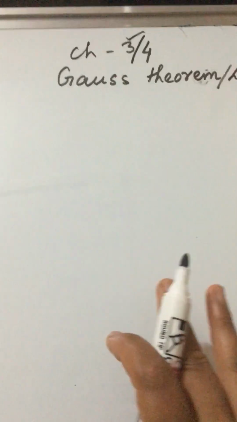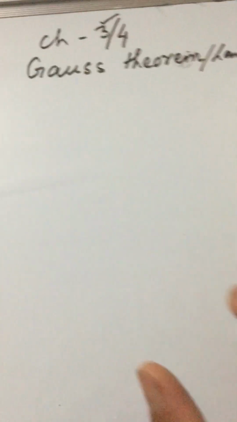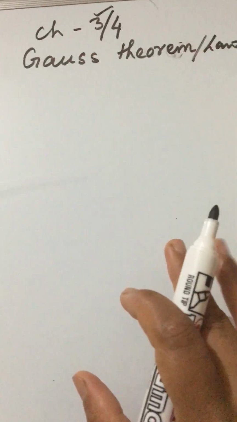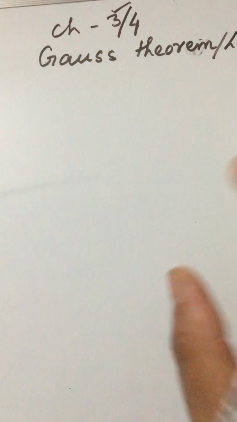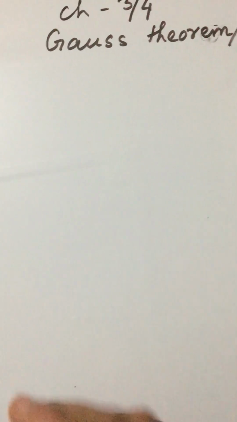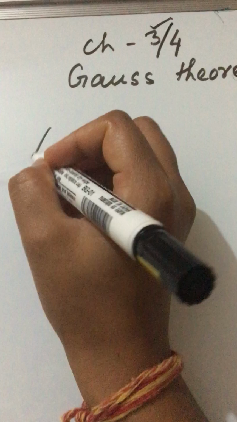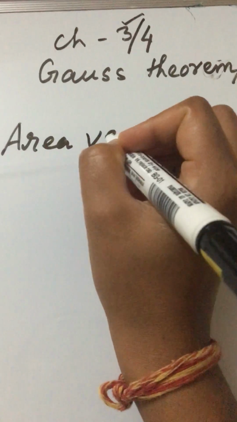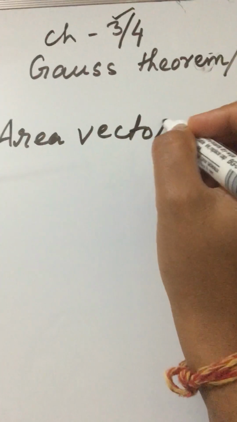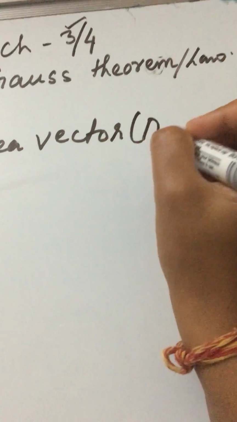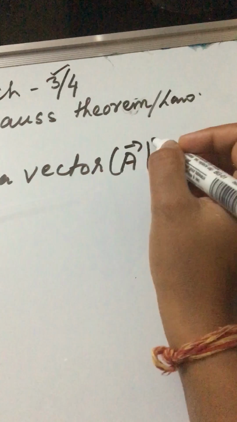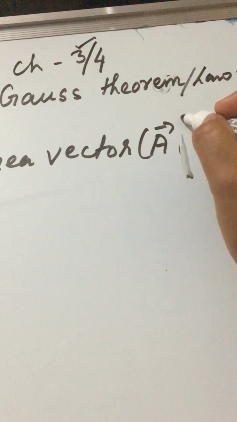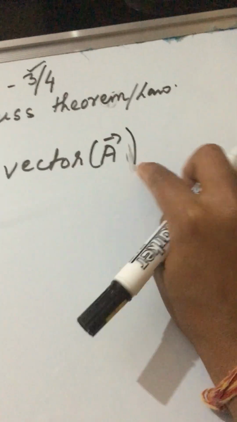Very important points only I'm going to highlight here. Those points you have to keep in your mind. First of all, we will start with the area vector. In physics, area is a vector quantity. It is not a scalar quantity.